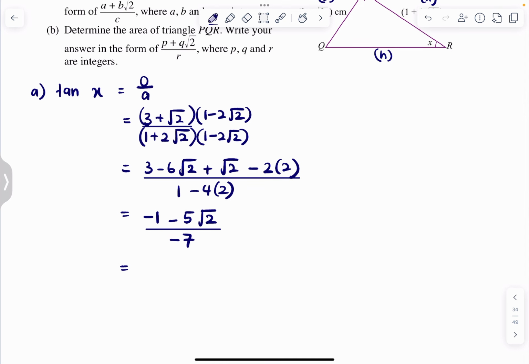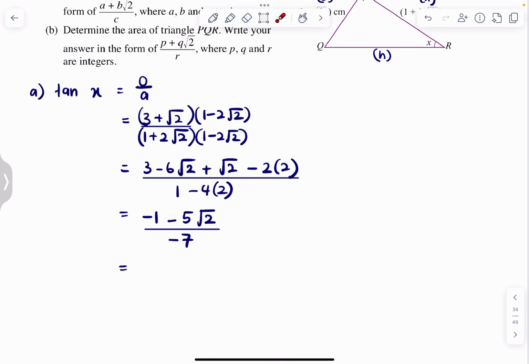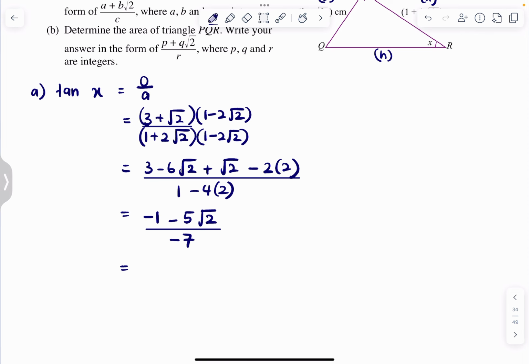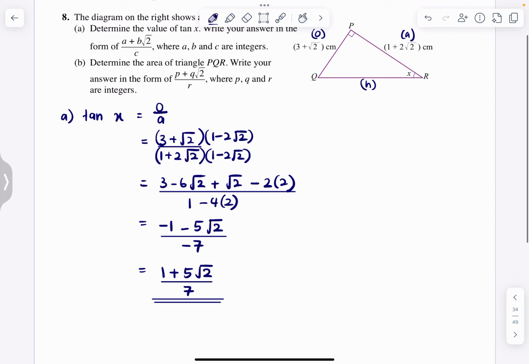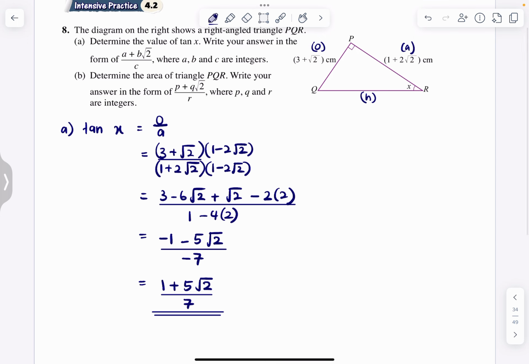Since everything is negative, we can divide everything by negative. So we get 1 plus 5√2 over 7. Done. This will be our tangent x, and we did give it in this form.